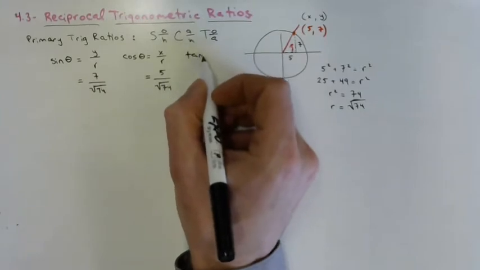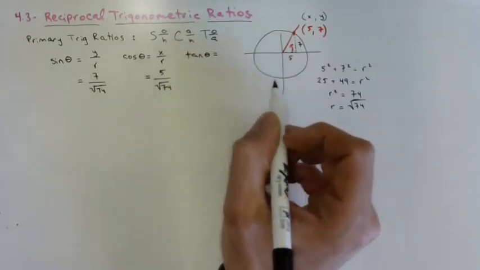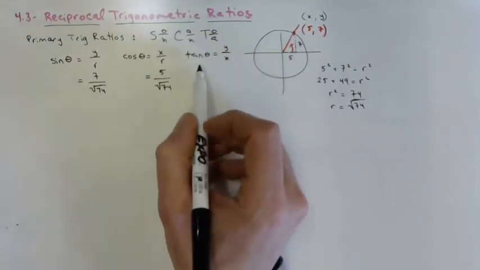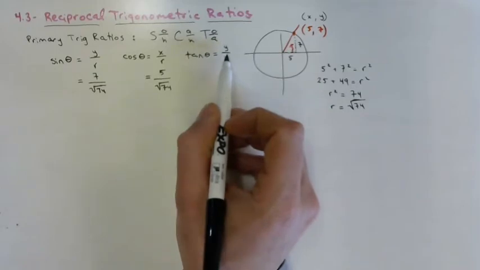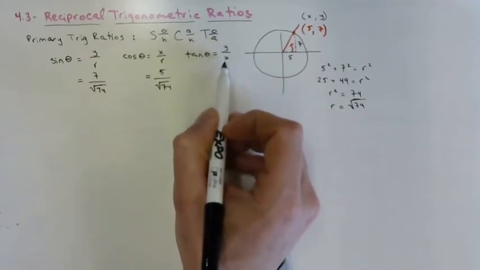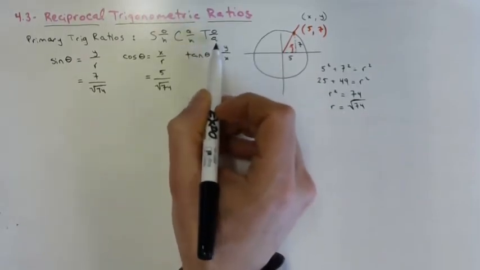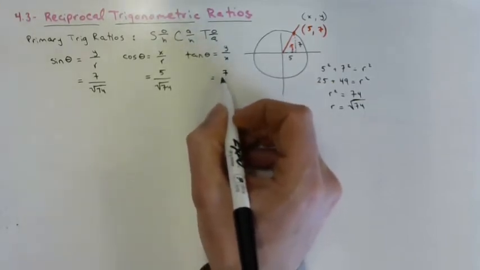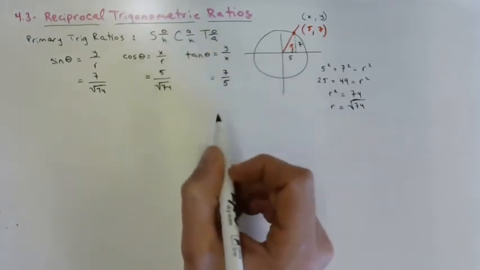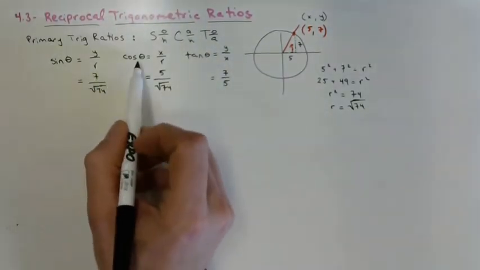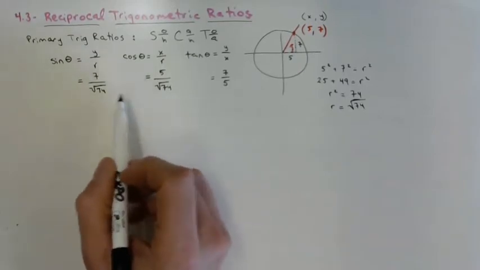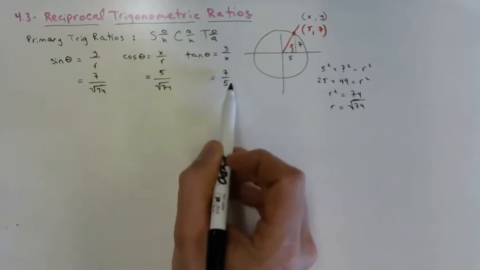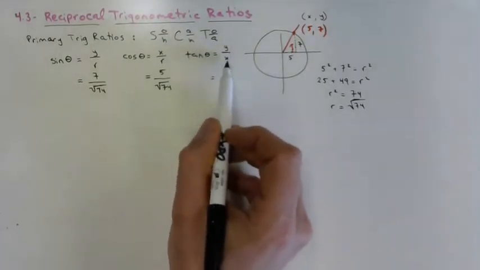And the tangent of angle theta is y over x, which is the same as saying sine over cosine, and also opposite over adjacent. So y over x, we end up with 7 over 5. And you can see that that's the same as sine over cosine. Because sine and cosine have the same denominator, it would just be 7 over 5. That would be the reduction of sine of theta over cosine of theta.